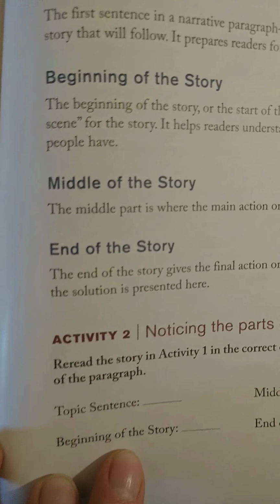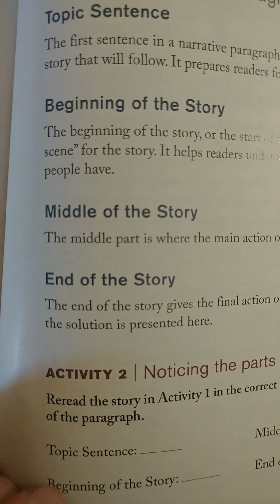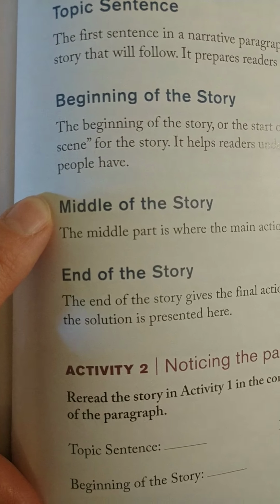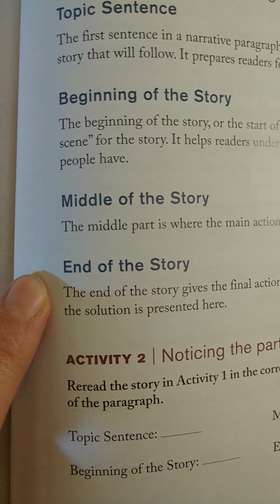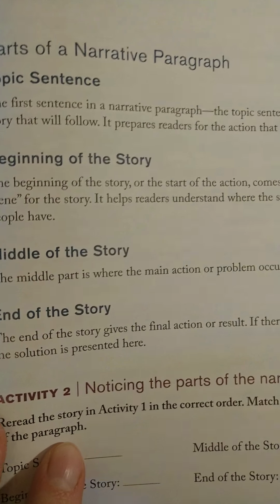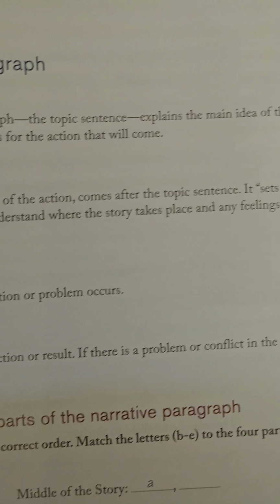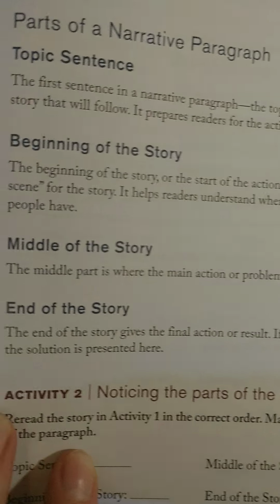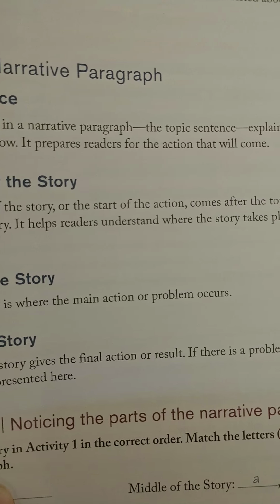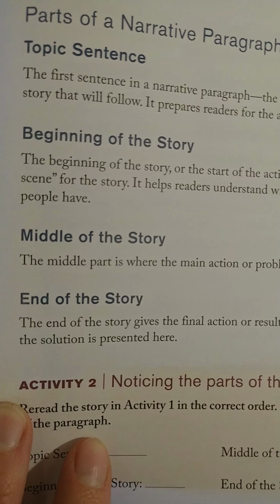Then we have the beginning of the story. There are 3 parts: a beginning, a middle, and an end. The beginning of the story, or the start of the action, comes after the topic sentence. It sets the scene for the story. It helps readers understand where the story takes place and any feelings people have.